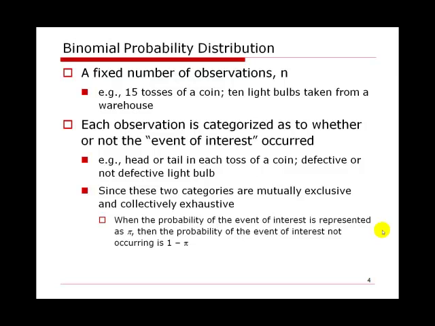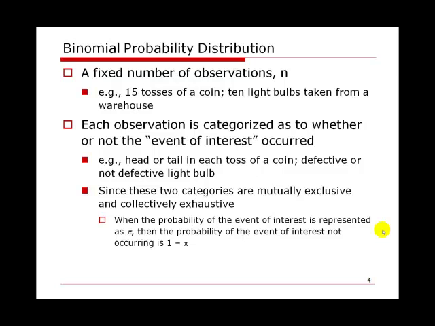Now the question is, is it true that the binomial distribution can only be applied if the outcome from the observation has only two events? Well, the answer is yes and no. The answer is yes because you should always see the outcome categorized into two categories.